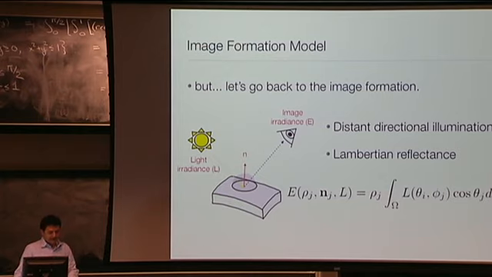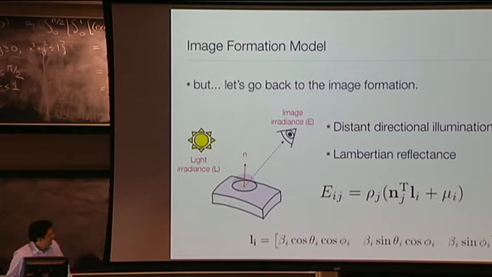Under these assumptions, this equation can be simplified by a closed form, as we can see here, where the illumination is represented by the directional light source plus an ambient term, and the direction of this light is parameterized by the elevation angle, the azimuthal angle, and the ambient term.